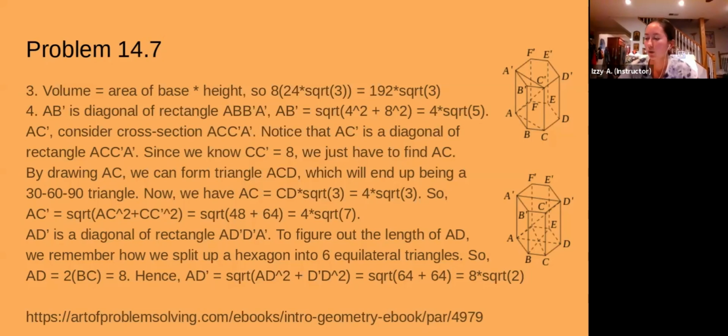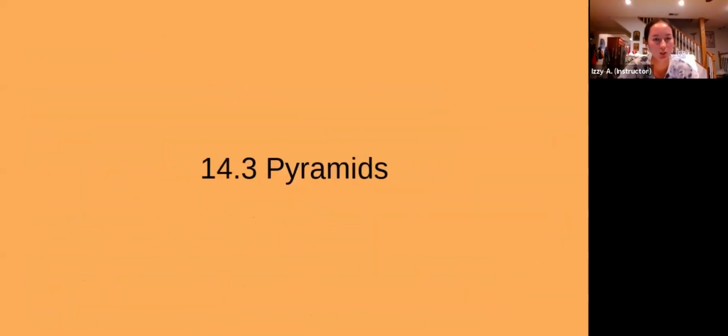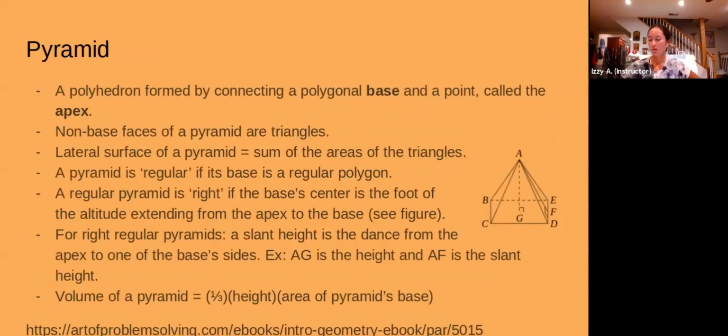Okay, I will go ahead and move on to the next section, and we're going to be talking about pyramids. So a pyramid is a polyhedron formed by connecting a polygonal base and a point called the apex. For example, in this pyramid, point A is the apex because the base is BCDE, and then there's point A kind of floating above the base.